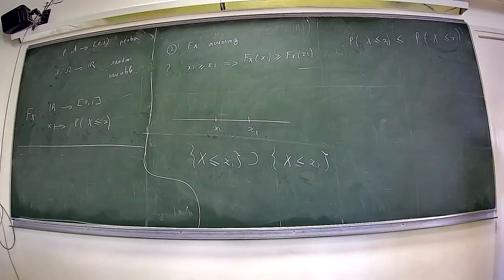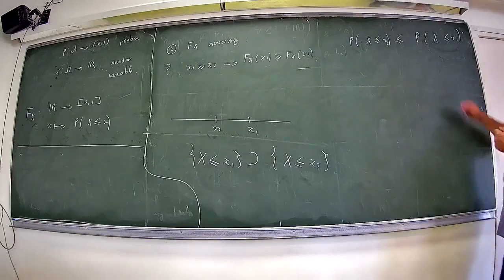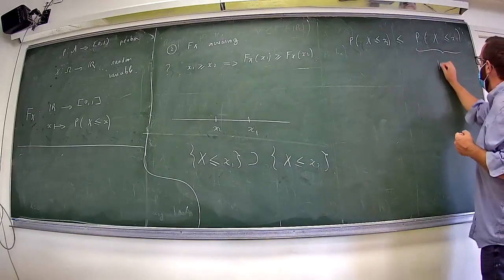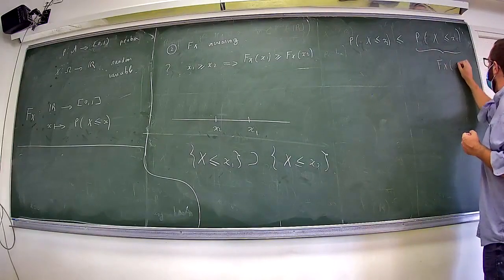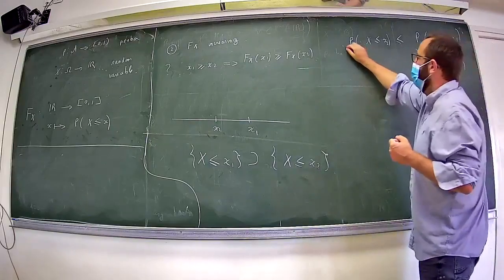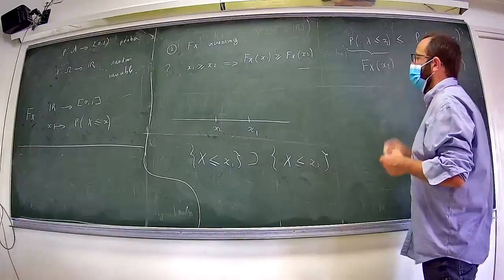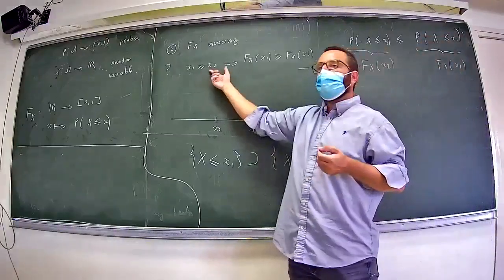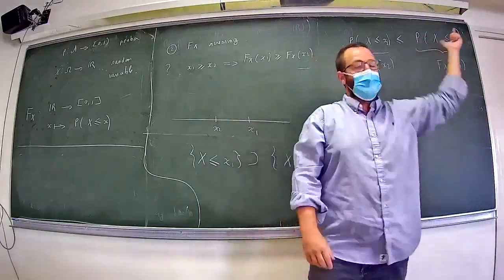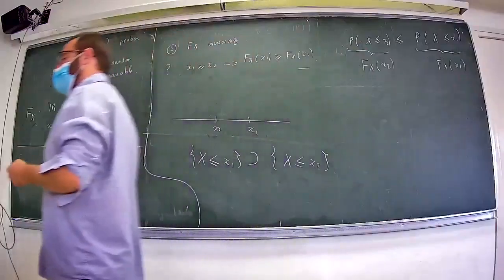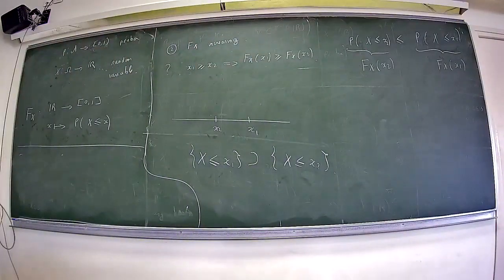And we have proved that the probability is an increasing mapping in the sense of inclusion. And what is this one? It is just the definition of F_X(x1), and here just the definition of F_X(x2). So starting from x1 greater than x2, I have proved what I want. So F_X is an increasing mapping.